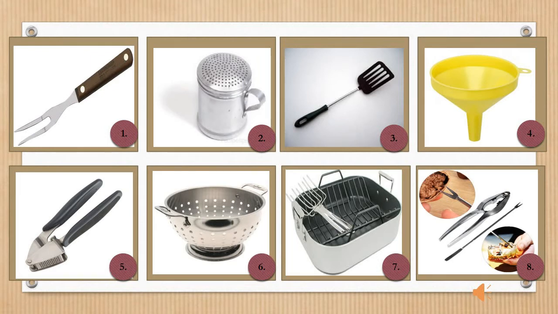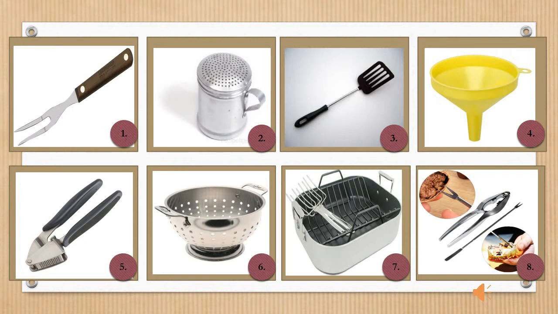Next, garlic presser: a tool used for pressing garlic cloves through small holes to extract the pulp, oils, and juice from the garlic. A colander is a kitchen utensil used to strain foods such as pasta or to rinse vegetables.